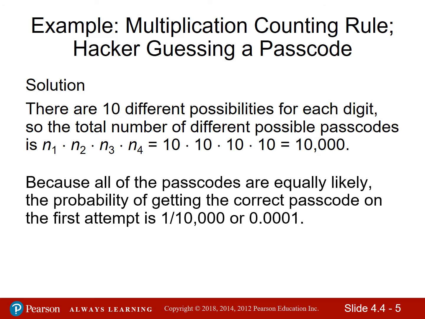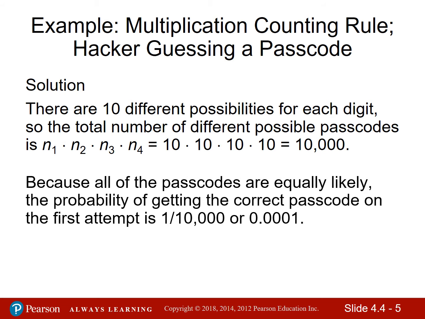Because all of the passcodes are equally likely, we can find the probability of getting the correct passcode on the first attempt. Remember, the total number of different possibilities for a 4-digit passcode is 10,000 ways. So that means there are 10,000 4-digit passcodes that you can create.